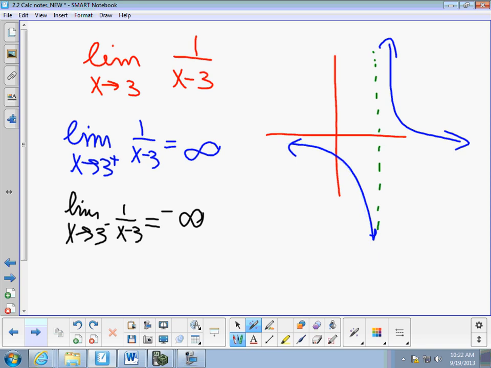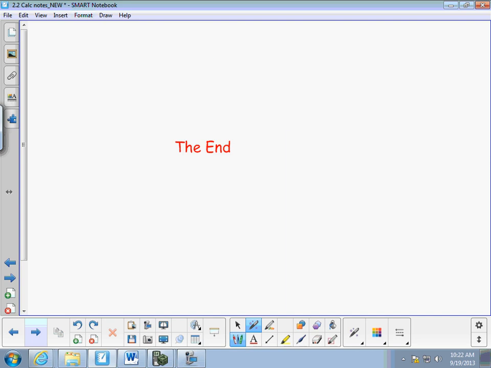That is not a number. Infinity, right? So it's simply a way of indicating how it doesn't exist. Not all of them exist in that same way. The important thing of limit is not what's going on at the point, it's what's going on near the point. The end. And that's the way it is.